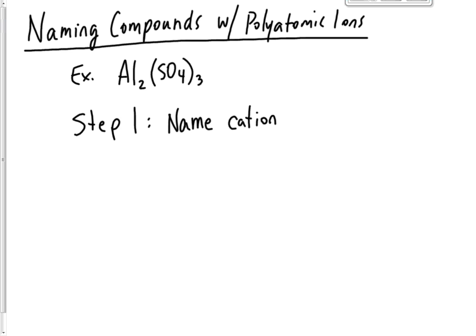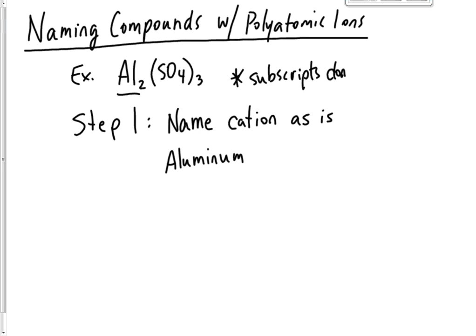So we're going to name the cation as is, whatever it is. So in this case, it's aluminum. Okay. So aluminum is our cation. Again, subscripts don't matter. Subscripts don't change naming, again, just like in the last video.